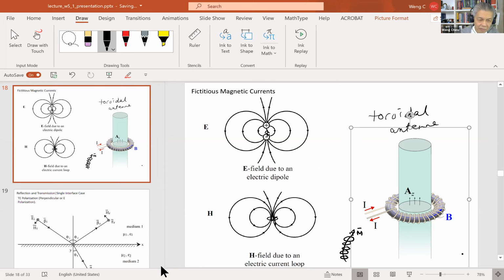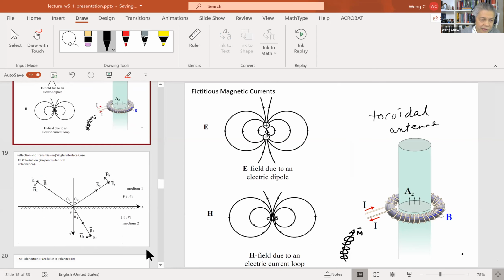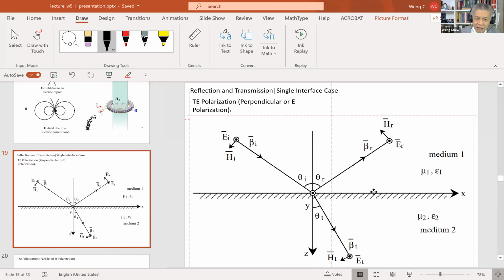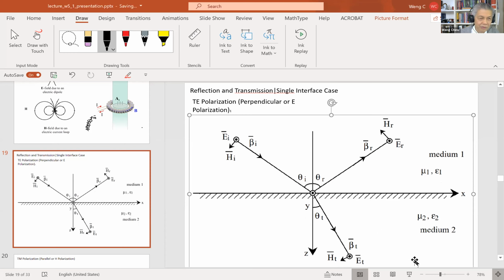It can get very complicated, but I just want you to know that once you have a solution, you can swap E and H and get the other solution. For instance, if I have this problem, reflection and transmission, the single interface case, and I solve this problem, I can use the duality principle, replacing E with H, H with minus E, and so on. I should have a solution that's still a solution to Maxwell's equations.